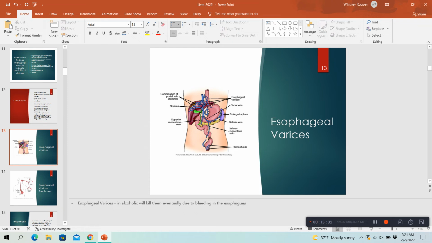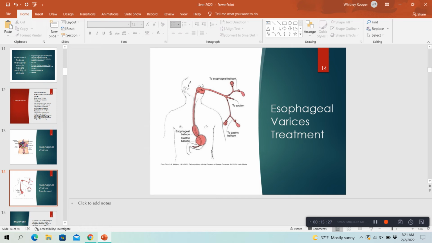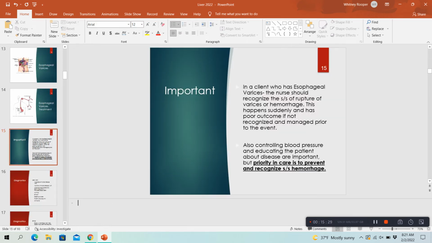In a client who has esophageal varices, the nurse should recognize the signs and symptoms of a rupture or hemorrhage. So what do you think you would see? They'll start vomiting blood, spitting out blood.